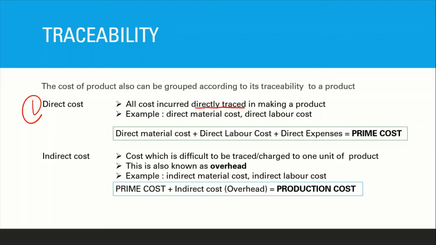From the bread, what are the materials that you can see? You can see physically and you know it's in the bread. It can be traced. So for example is flour. So it is a direct material.